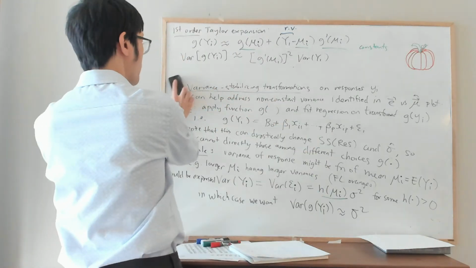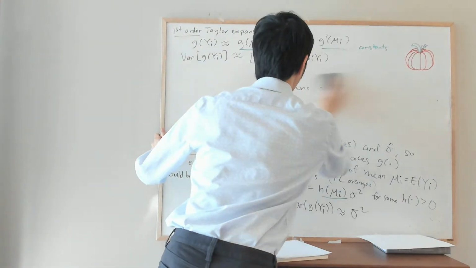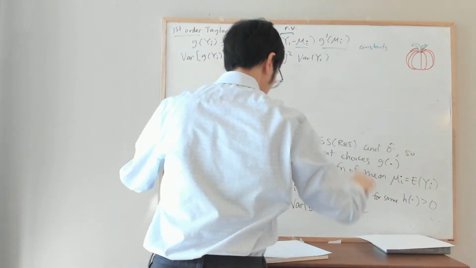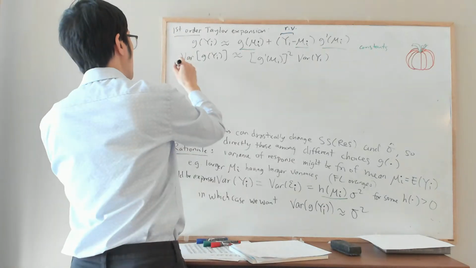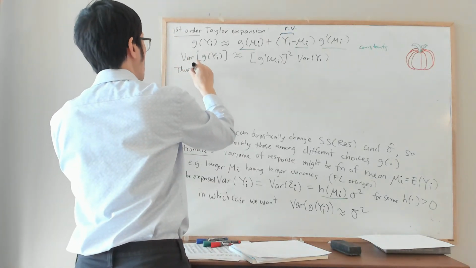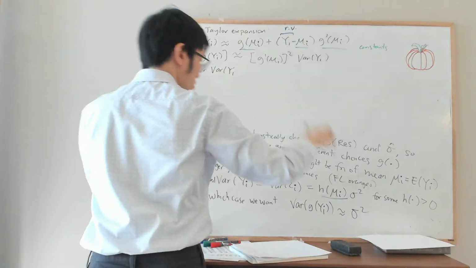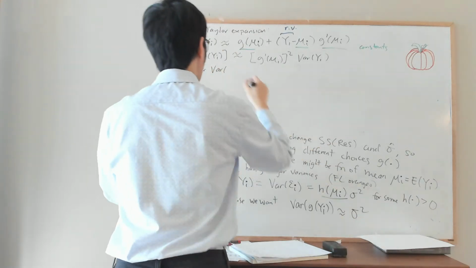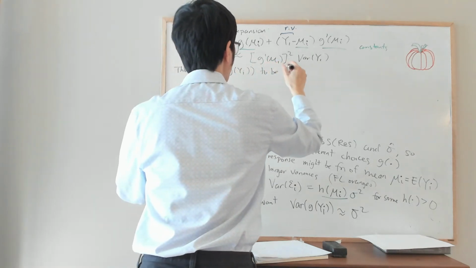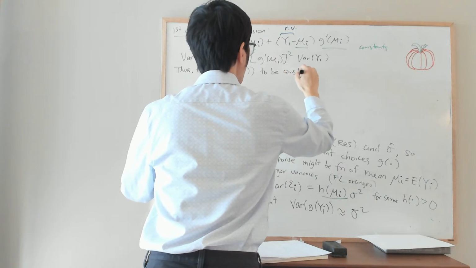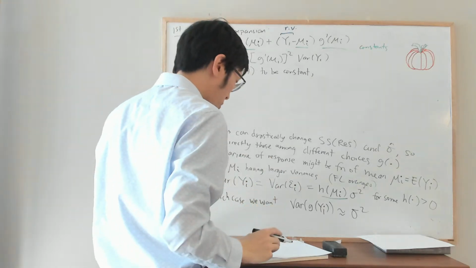Okay, so let's write down what I just said. Thus, for the variance of y i to be constant, we need these two things to cancel out up to a multiplicative constant.